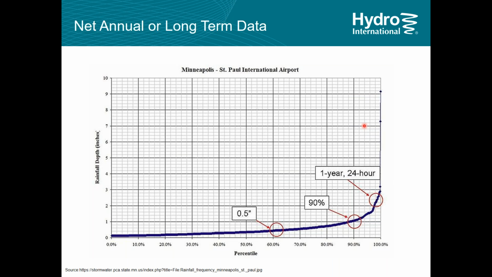So that's a fairly simple sizing method, and I like it because it works on a peak runoff rate, and it doesn't matter whether that water comes from rainfall or from snowmelt. It's sized conservatively. The net annual method is often written into many stormwater manuals as well.